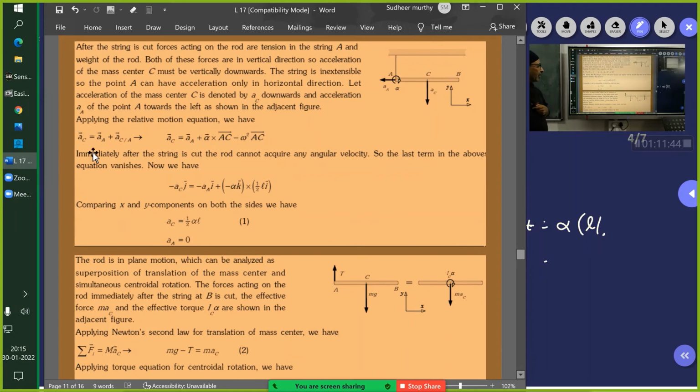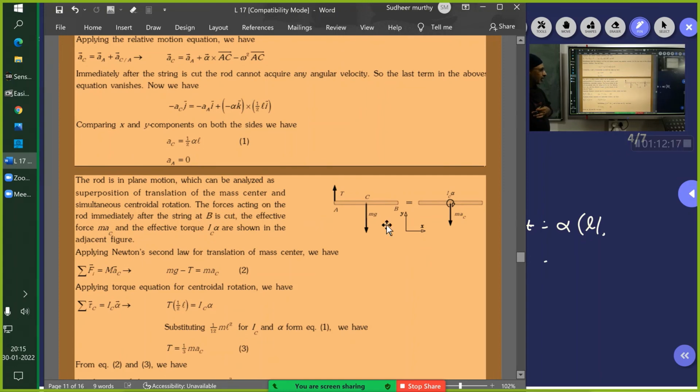We have to write that equation, then prove it is 0 and all those things. So this component AC will not be there, so AC will only be equal to alpha L by 2, and AA will be equal to 0 automatically.